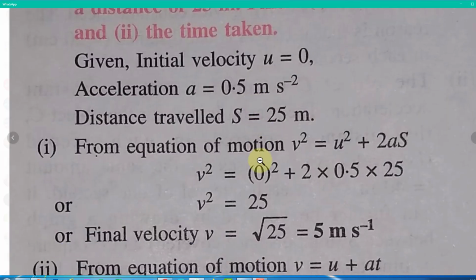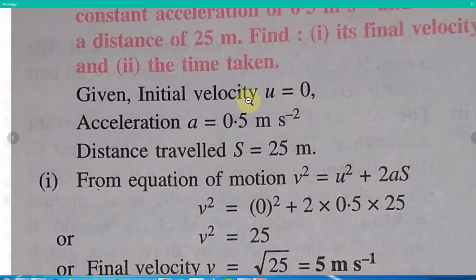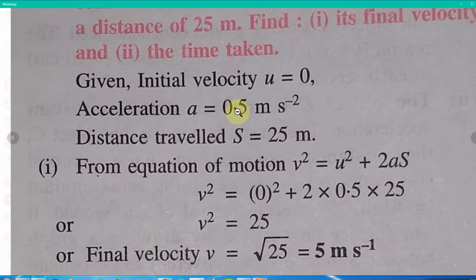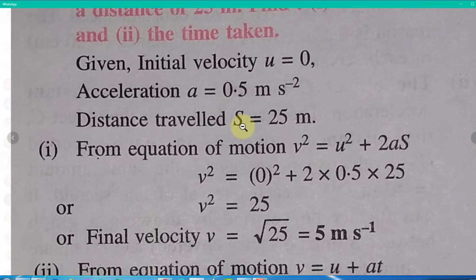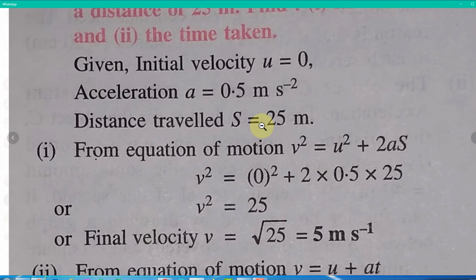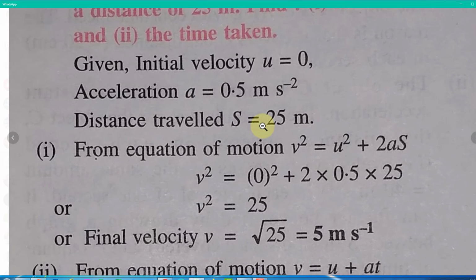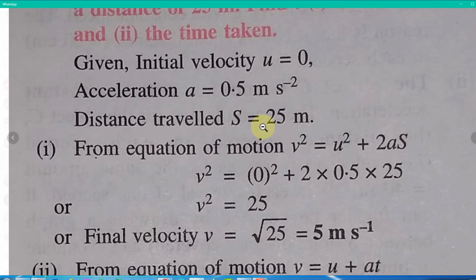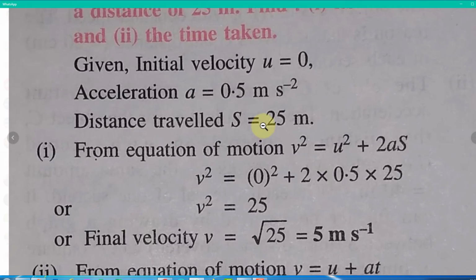So children, you can see initial velocity is 0, acceleration is given 0.5 meter per second square, distance traveled S is 25 meter. One thing remember children, whenever you do the numericals, just like your mathematical sums, first you have to write what is given in the question.